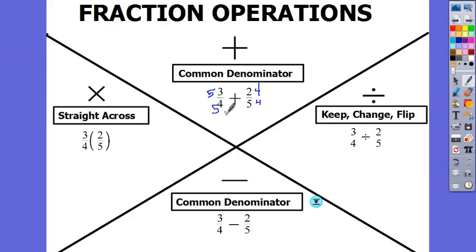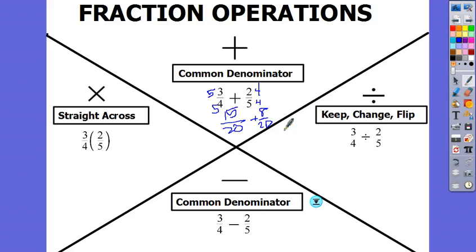This first fraction would become 15 over 20, and the second fraction would become 8 over 20. So when we're looking to add fractions, you have to make sure that you have common denominators. You're multiplying both numerator and denominator by the same number to make sure the denominators are the same.